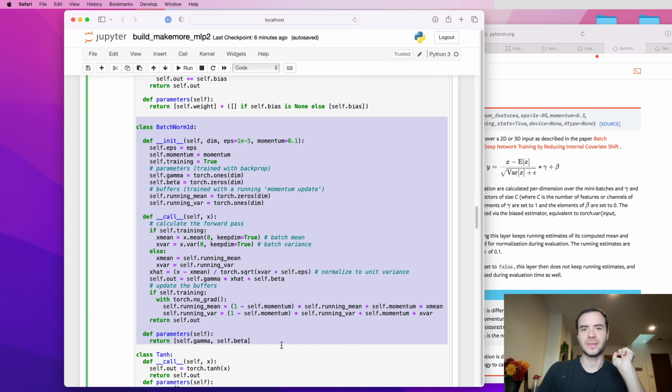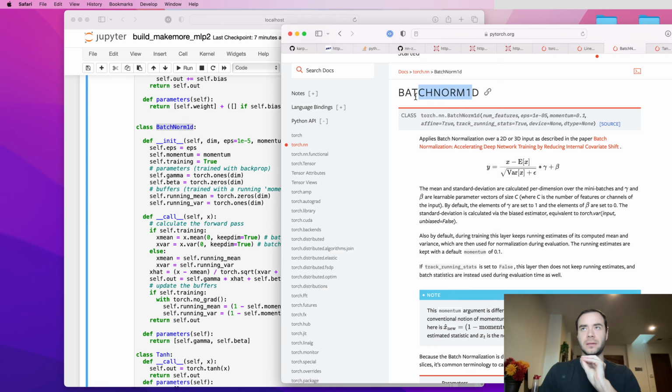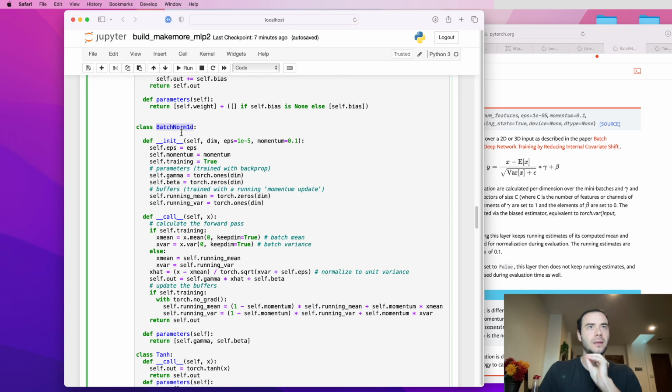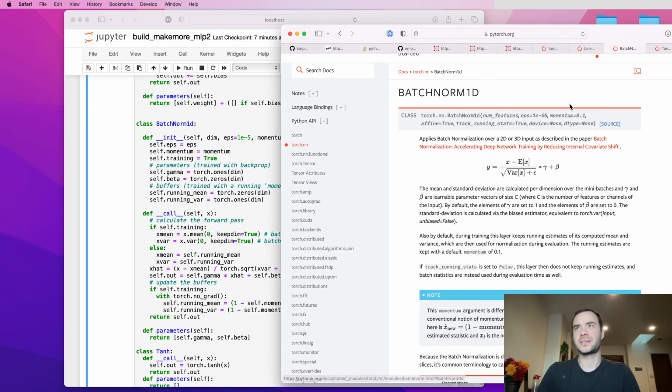So I've written that here. This is very similar to PyTorch's nn.BatchNorm1d layer, as shown here. I'm taking these three parameters: the dimensionality, the epsilon that we'll use in the division, and the momentum that we will use in keeping track of these running stats, the running mean and the running variance. Now PyTorch actually takes quite a few more things, but I'm assuming some of their settings.